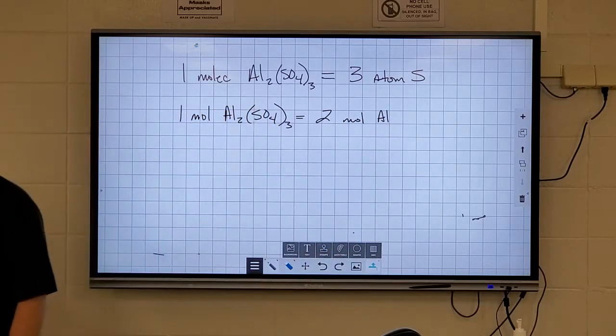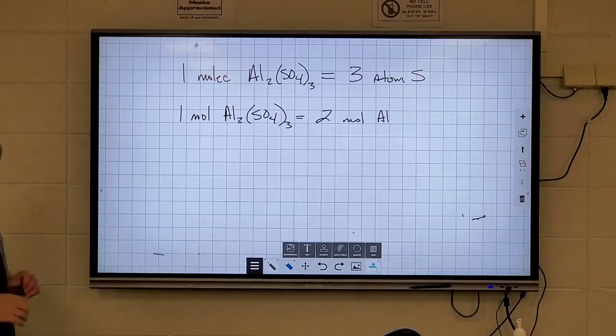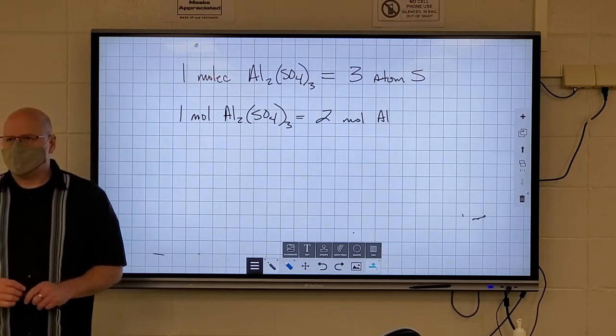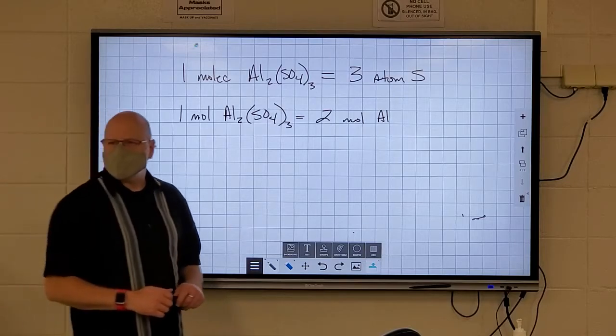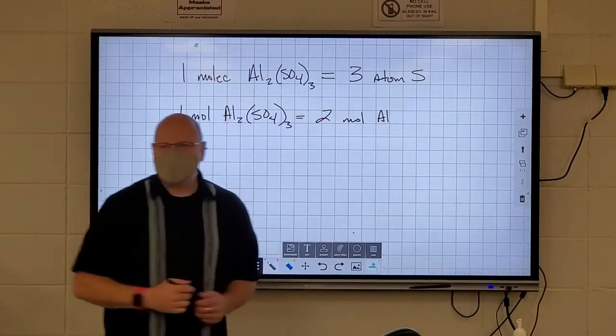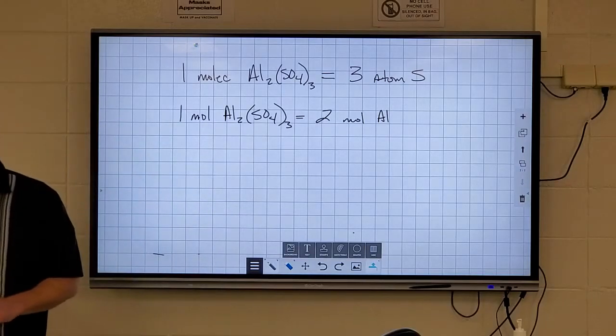Why? Because if we scaled everything up to 1 mole, then 2 aluminum atoms would mean 2 aluminum moles, when aluminum sulfate is a mole. Exactly.